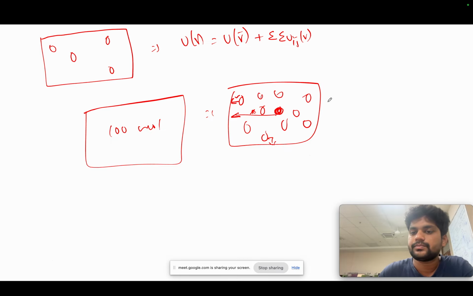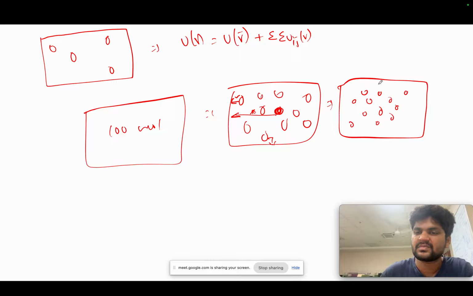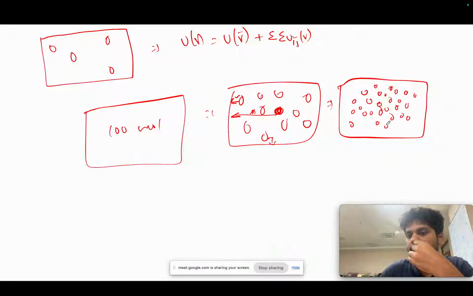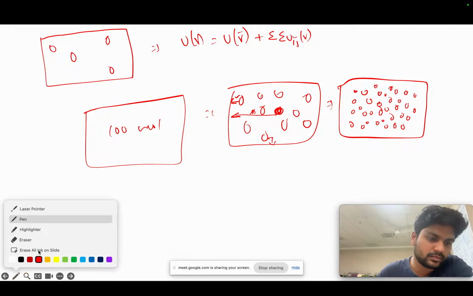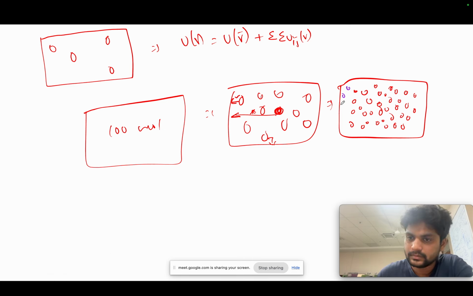So suppose I draw this diagram in another way. Assume that you have different molecules.